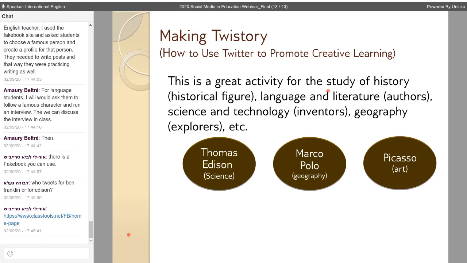Right, Dvora is asking, who tweets for Benjamin Franklin or for Edison? I guess a person who really admires Benjamin Franklin, a person who admires him or admires his legacy. So there are people that create this Benjamin Franklin profile, right?